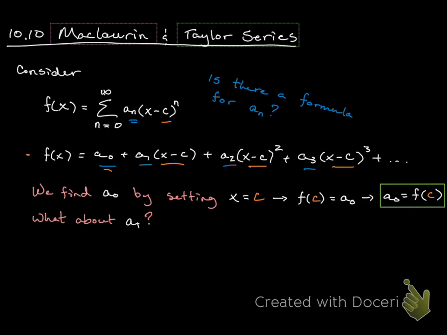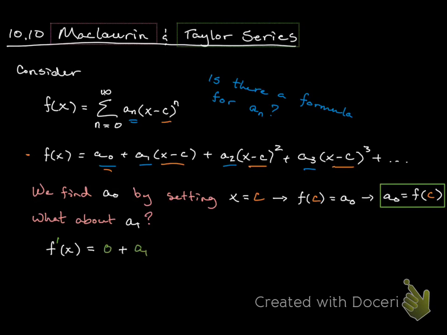So we take f prime of x, and we're taking a derivative of a polynomial, right? The power of every one of those x minus c's is going to decrease by 1. For the first one, I'm taking the derivative of a sub 1 times a linear function, x minus c, and the derivative of that is just the constant, it's just a 1.